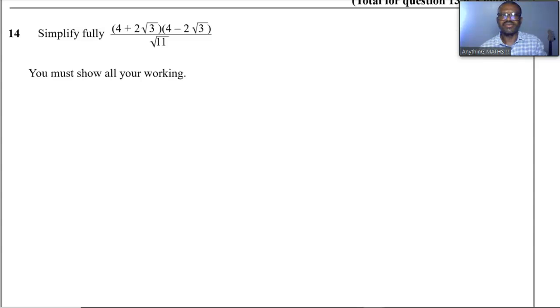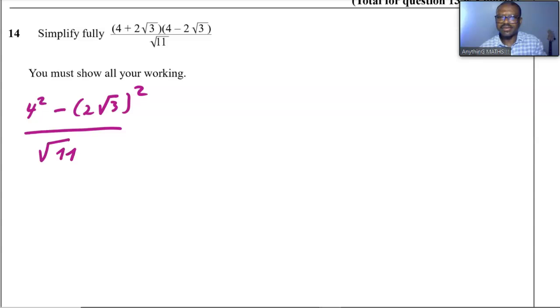When you see this sort of question, don't panic. They are not very difficult. When we look closely, we can see that the top is just a difference of 2 squares. So it becomes much easier. So always look out for it. We can write the whole expression using that idea as 4 squared minus, into bracket, 2 root 3 all squared, all over root 11.